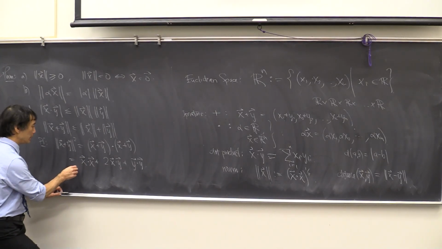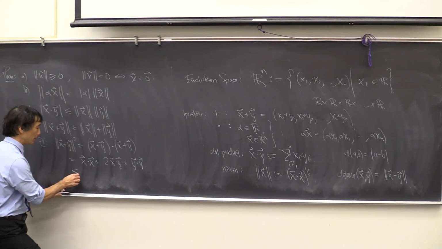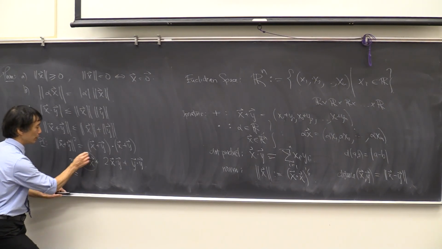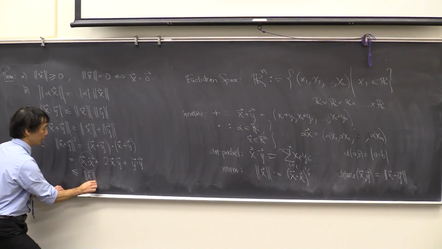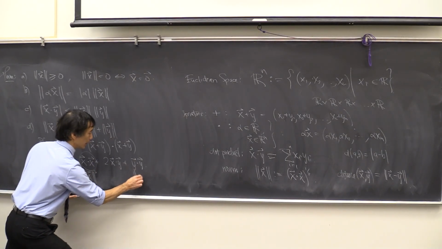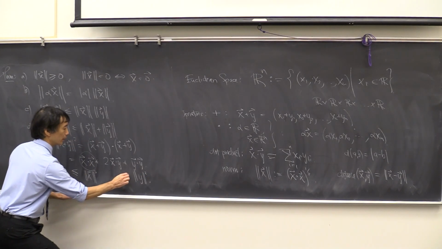But we can see that this is less than or equal to: this term is exactly the norm squared, and this term is, again, exactly the norm squared.